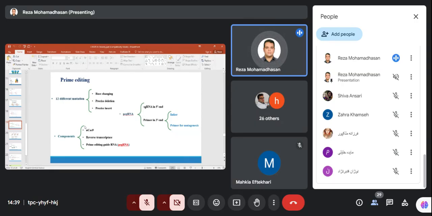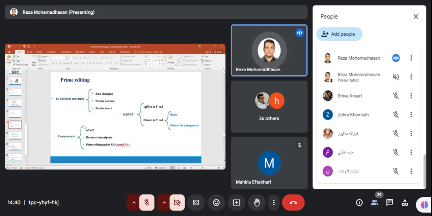And the pegRNA contains sgRNA in the 5' end and a primer in the 3' end. And the primer also includes linker and primer for mutagenesis.